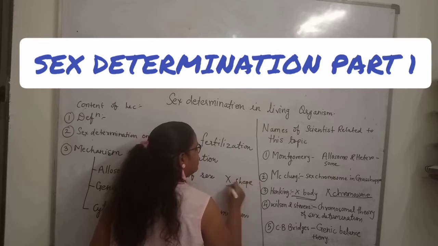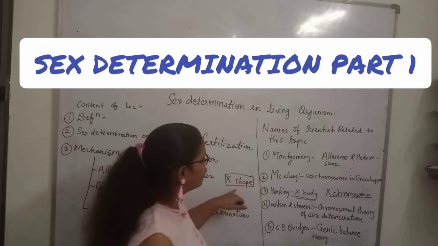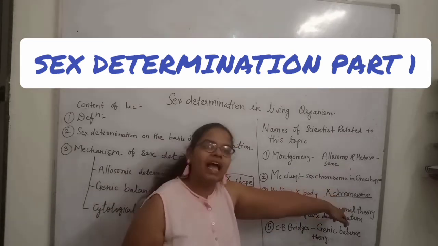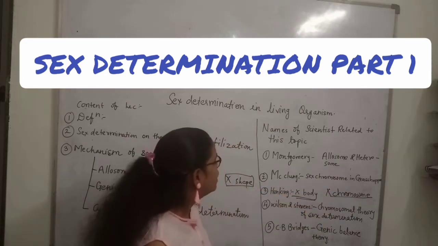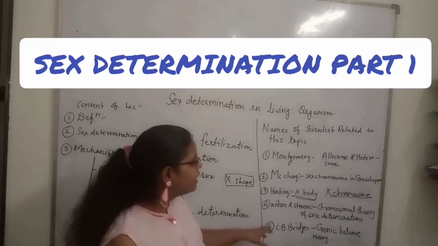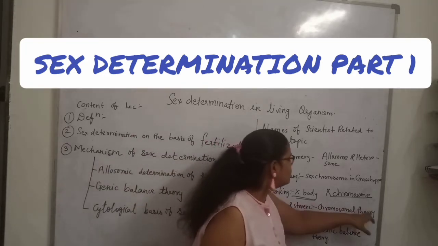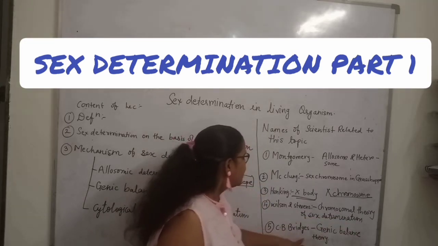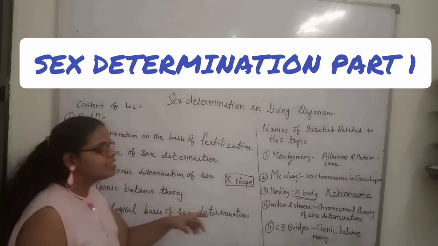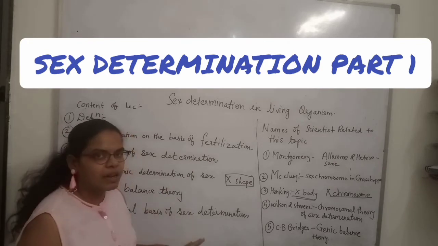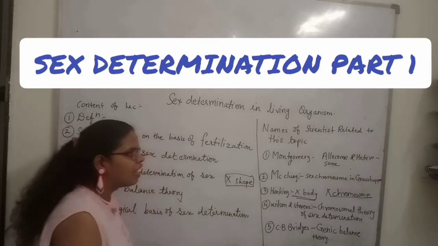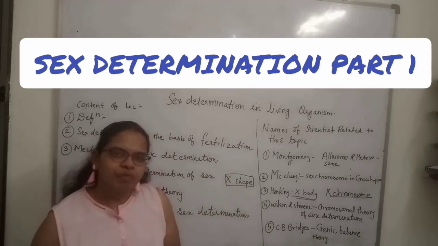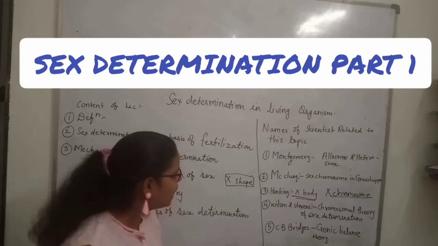So he named this X-shaped chromosome the X body, and later this X body was called the X chromosome. Then Wilson and Stevens established the chromosomal theory of sex determination. C.B. Bridges established the genic balance theory of sex determination in Drosophila. We will study all these things in detail as we go forward in our lecture, right?